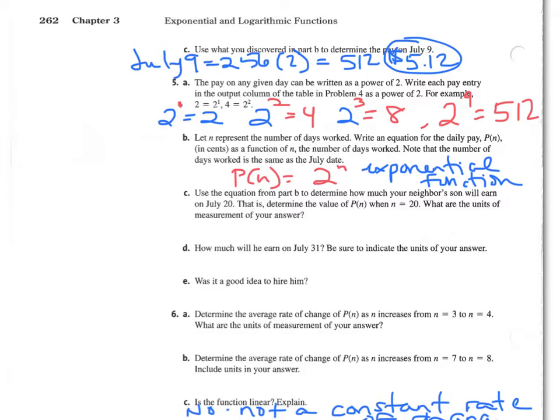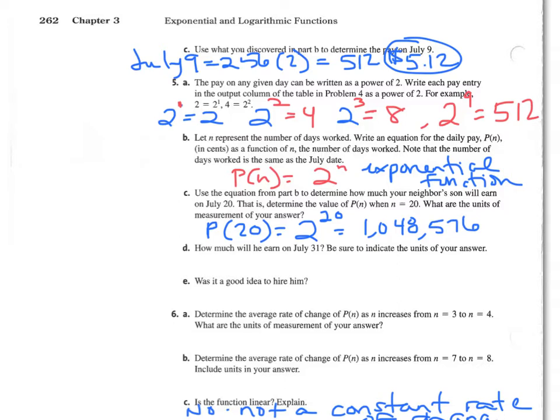So now the next thing they want us to do is to use that function to find p of 20, which is the same as 2 to the 20th. So this is on the 20th day of July. If you figure that out in cents, we get 1,048,576 cents.